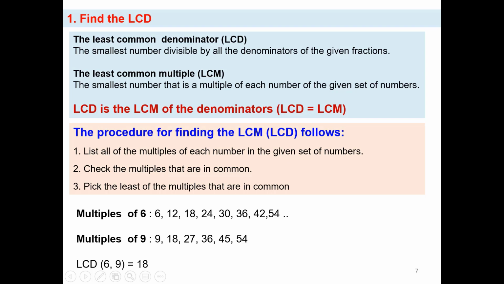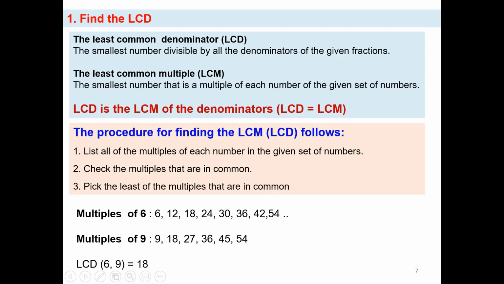How will we find the LCD? Step number 1 is to list the multiples of each number. If we want to find the LCD for 6 and 9, we list the multiples of 6: 6, 12, 18, 24, 30, 36, 42, 54.